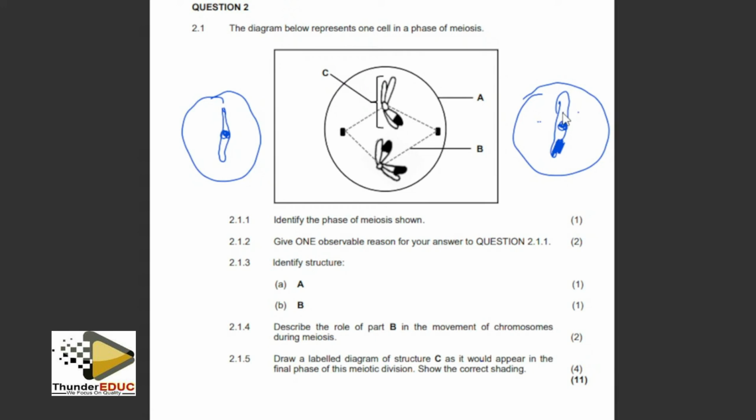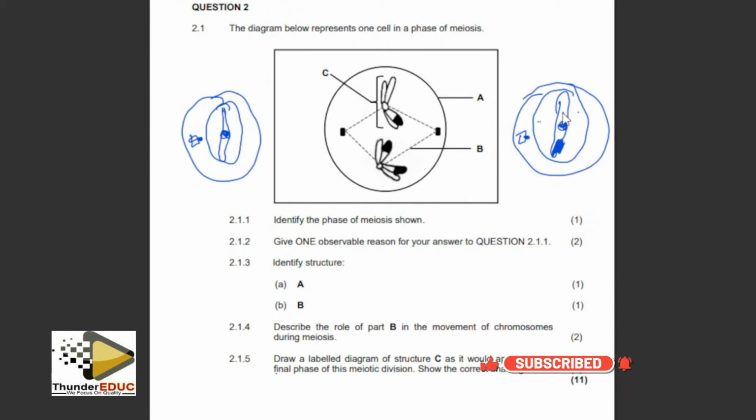But now, where am I going to get the marks? Remember, they're saying final stage. Final stage has a nucleus. So this chromosome must be in the nucleus. Don't forget that at the final stage, you have the centrioles. You also put the centrioles in there. Centrioles are outside the nucleus.